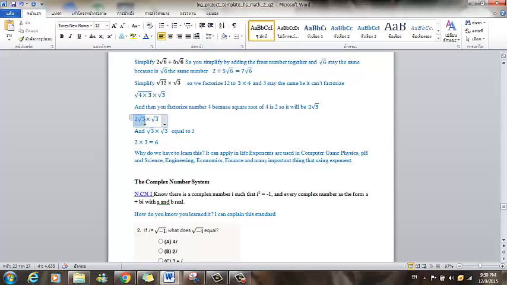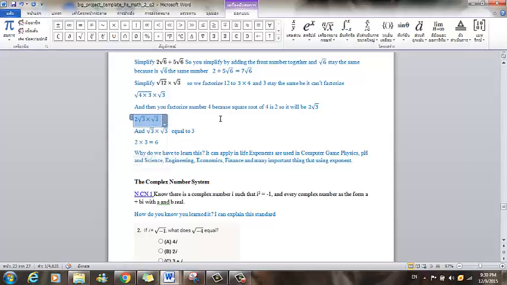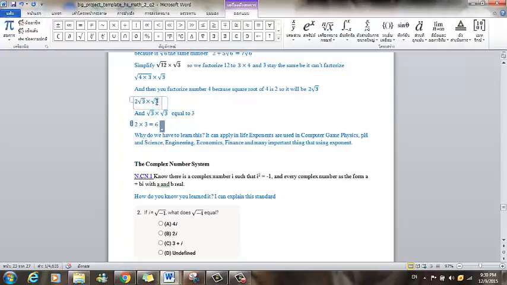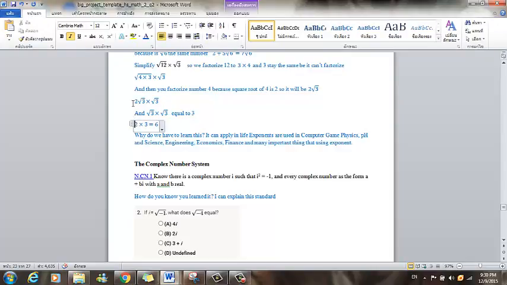And 2 root 3 times root 3: root 3 times root 3 equals 3. So we get 2 times 3 equal to 6, because we multiply by the 2 in the front. So the answer is 6.